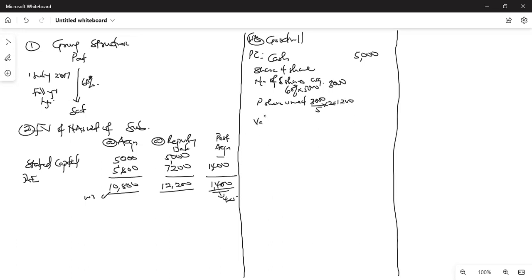Okay, so what is the value? The value we are told is 1.8. And don't forget, it means that stated capital will be 1 multiplied by 1,200, get 1,200. Share premium will be the 0.8 by 1,200. So 0.8 times 1,200, you have 960.